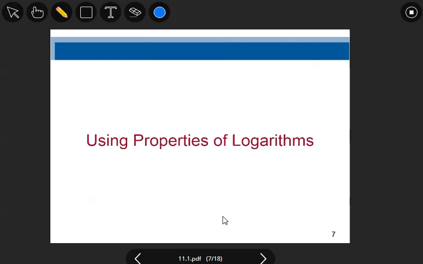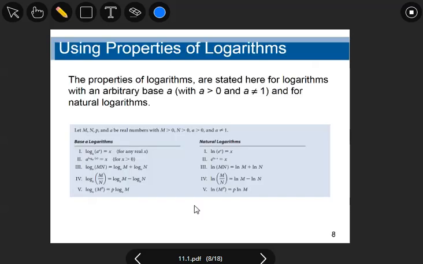Then we are going to find the derivatives of logarithms by using properties of logarithms. Actually, you learned the properties of logarithms in the 1330 course. These are the logarithmic properties for base a logarithms and natural logarithms. Base e logarithms means natural logarithms, and typically for base e we write it in ln form.